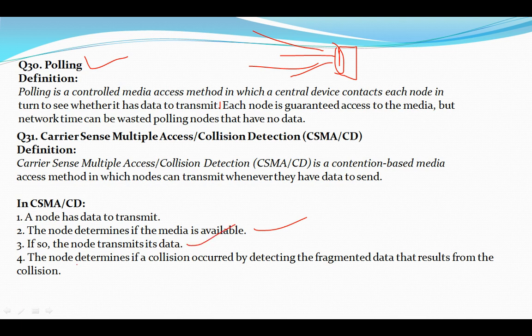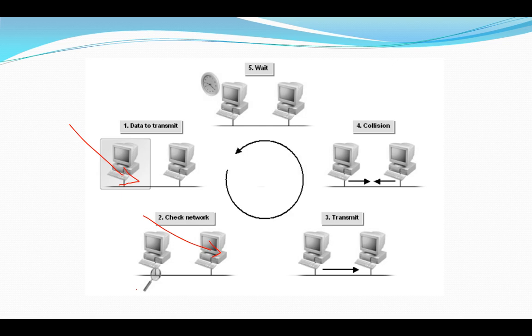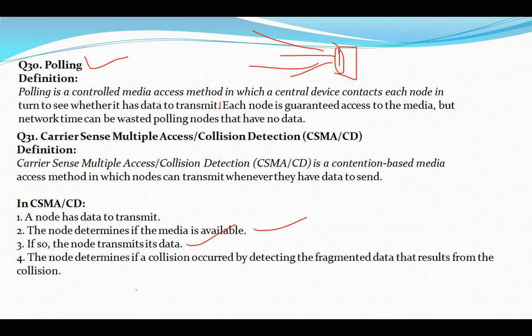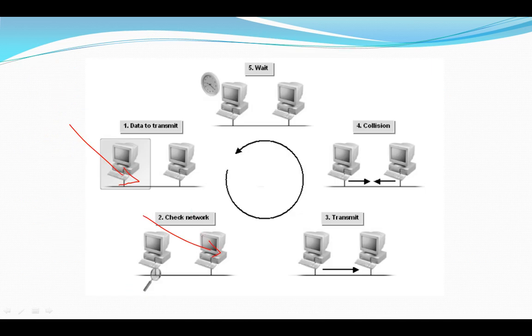Now what will happen? The node determines if a collision occurred by detecting the fragmented data that results from the collision. This is the third step here. It started the data transmission, and at the same time one more system is initiating data transmission, and both are coming on the same media.